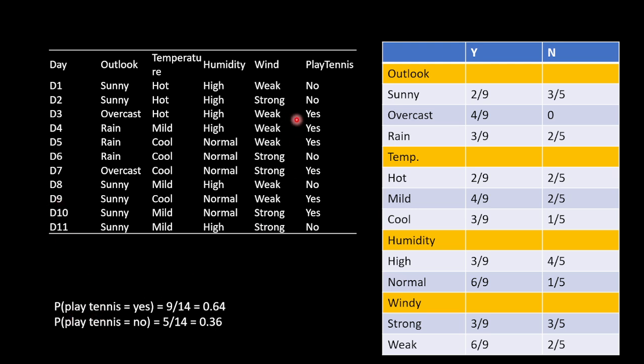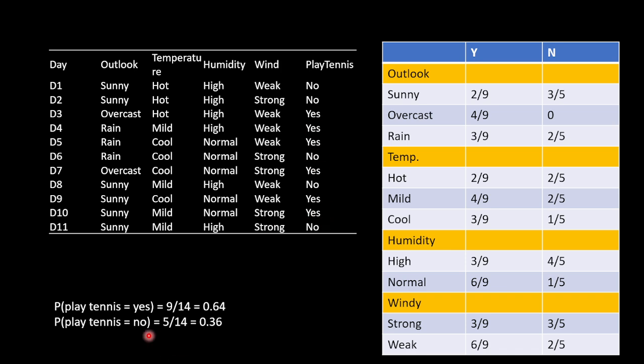Play tennis: how many positives are there? 1, 2, 3, 4, 5, 6. Actually there are supposed to be a total of 14 values, but we are missing some data here: D11, D12, D13, D14. When I send you this table, I will send the updated 14 data points.